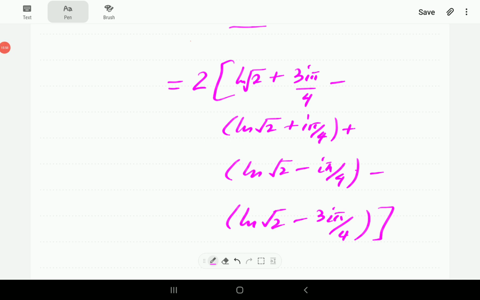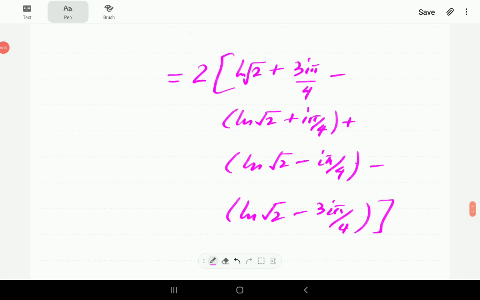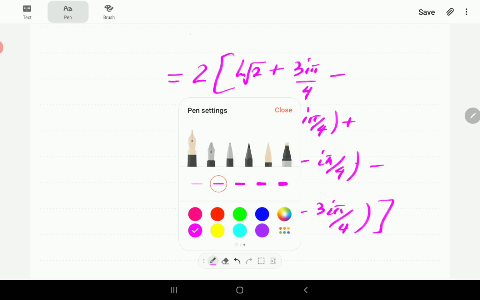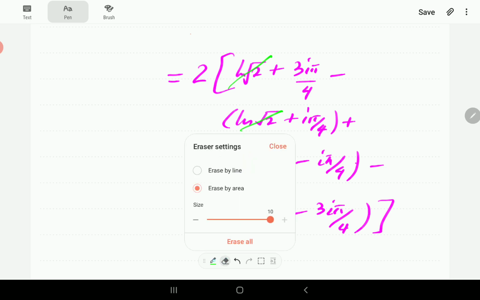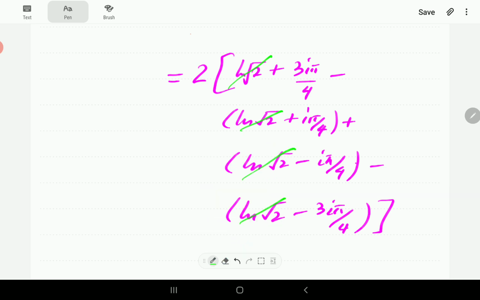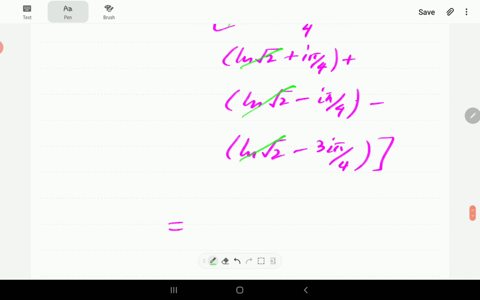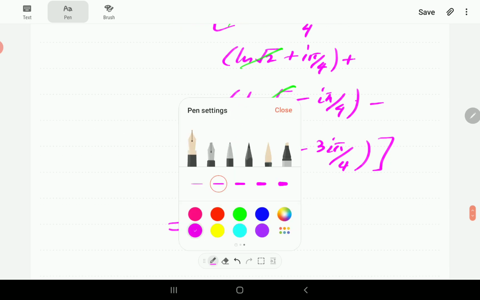When we remove the brackets here, the ln root 2 terms are going to cancel out, because this one is plus, this one is minus, this one is plus, and this one is minus. So those will cancel out.